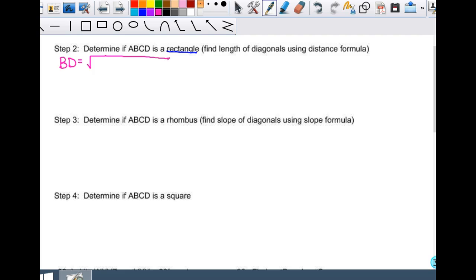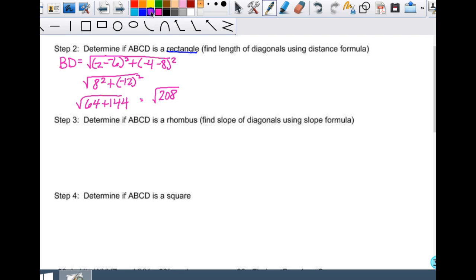For BD, that's 2 minus a negative 6 squared plus negative 4 minus 8 squared. So 2 minus a negative 6 is 8, so it's 8 squared plus negative 12 squared. It's the square root of 64 plus 144, so that gives me the square root of 208.